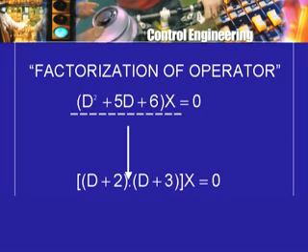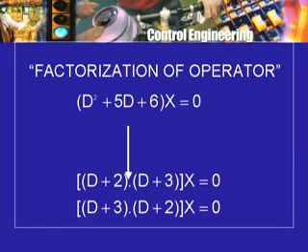So this polynomial D squared plus 5D plus 6 operating on x factorizes into D plus 2 into D plus 3 operating on x, equal to 0. That's the homogeneous equation that I have to solve. Of course, I could have written the factors in the other order, D plus 3 into D plus 2 x equal to 0.